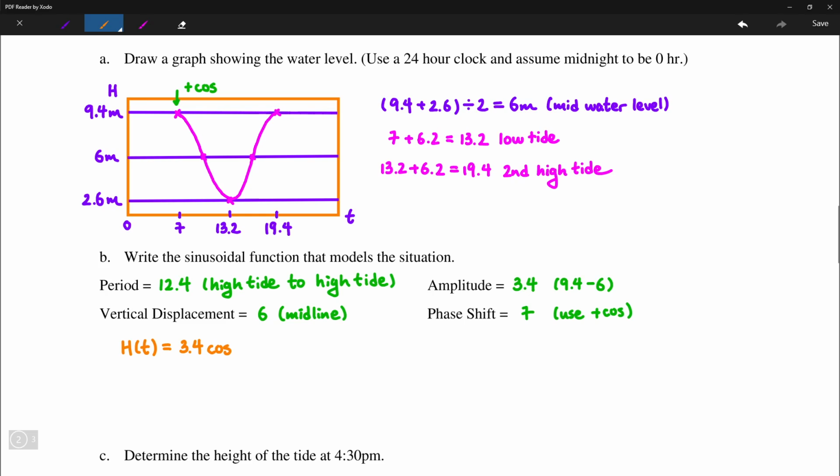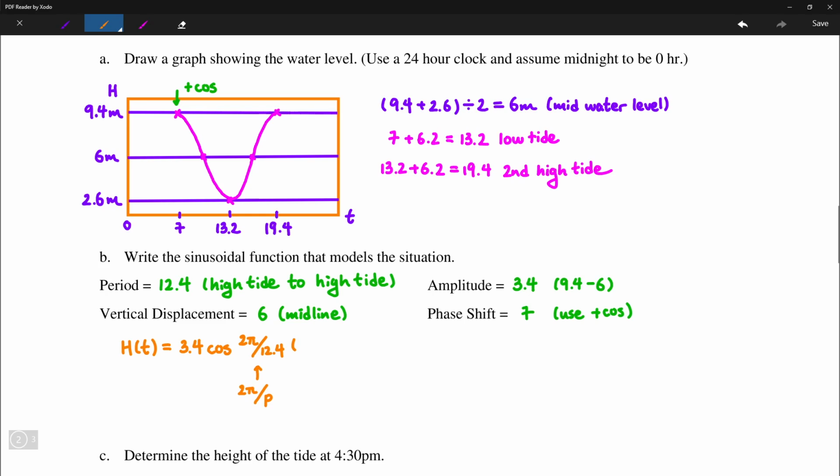The period is 12.4, so if we were to write this in our function, this should be 2 pi divided by 12.4. That's one thing that we need to be very careful about, and that is the period is not the b value. 2 pi divided by the period, that's the b value. So here, recall that this is 2 pi divided by the period.